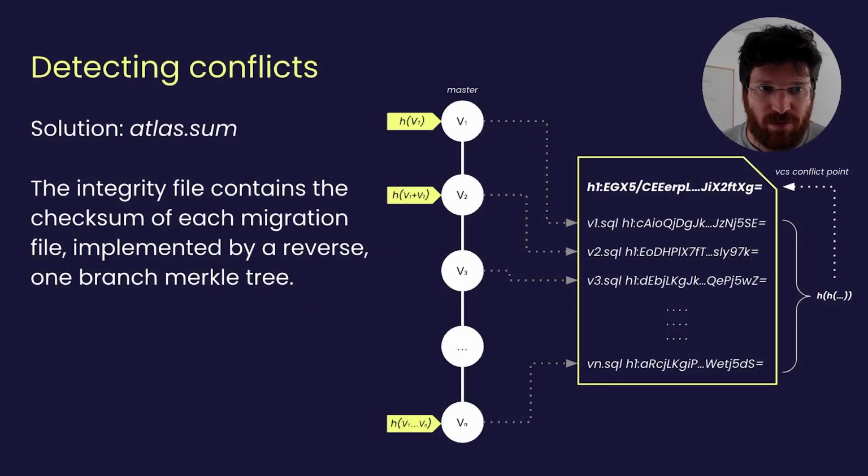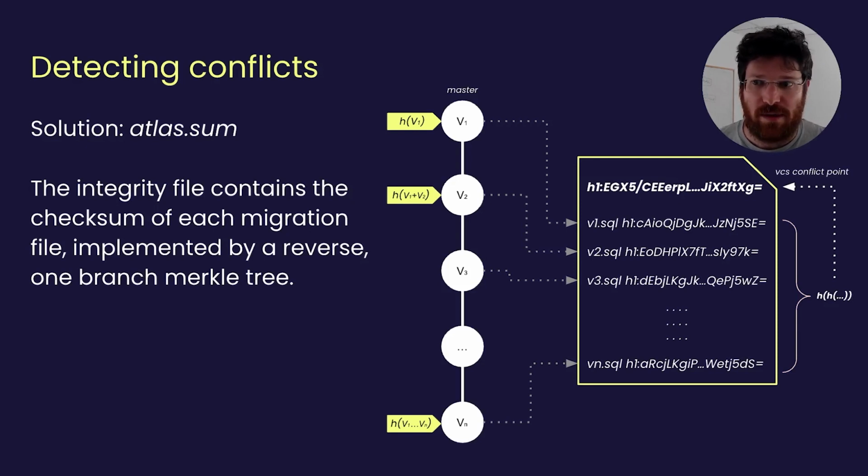The order of the files in your migration directory matters a lot, which is why Atlas maintains an additional file called atlas.sum that helps Atlas maintain the integrity of the project, making sure that no file in the past was changed and that the order of the files did not change at all.